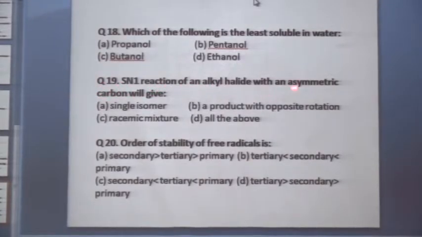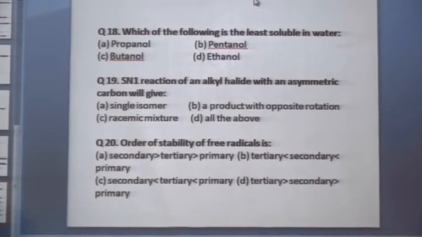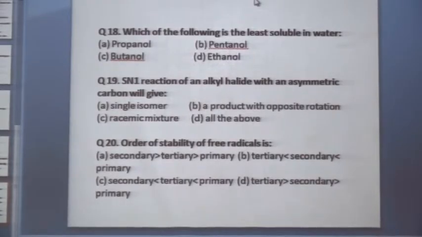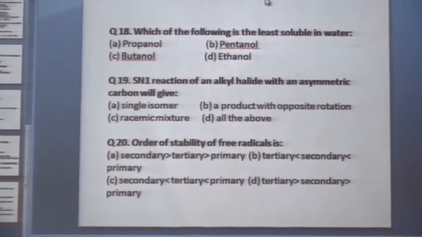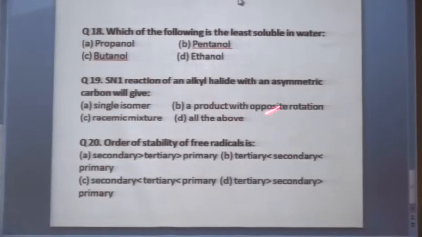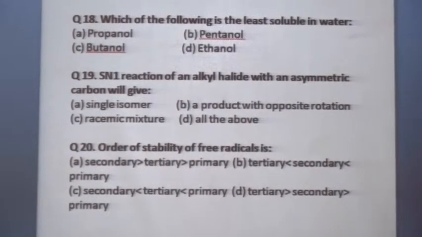SN1 reaction of an alkyl halide with an asymmetric carbon will give. This I want to see how many of you have given the right answer. Racemic mixture. All of the above. See, I had written this. The reason why I had written all of the above is because I felt some people will be confused in this case.